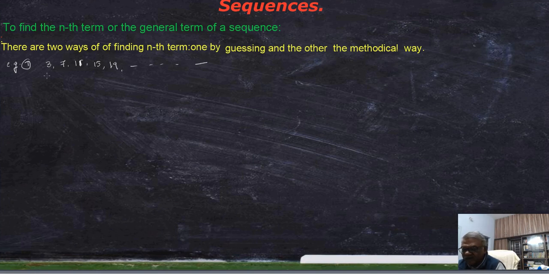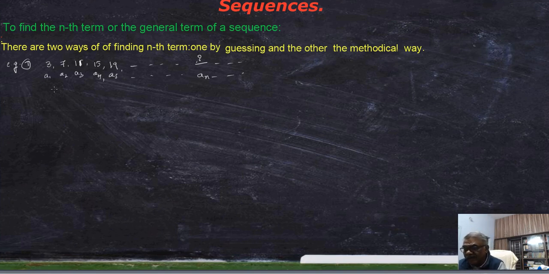What is that? A1, A2, A3, A4, A5, so on and so forth, An. What is this? You can see here. As I have told, there are two ways of guessing this one. Now observe, each number in the sequence is an odd number.